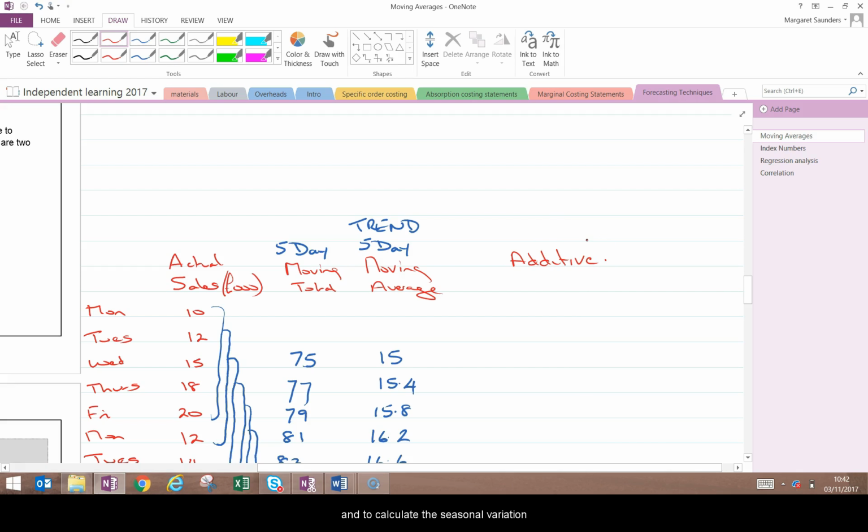And to calculate the seasonal variation, it's the actual sales minus the trend. So we go to our first trend figure, which is 15. So the actual sales, 15 minus 15, 0.